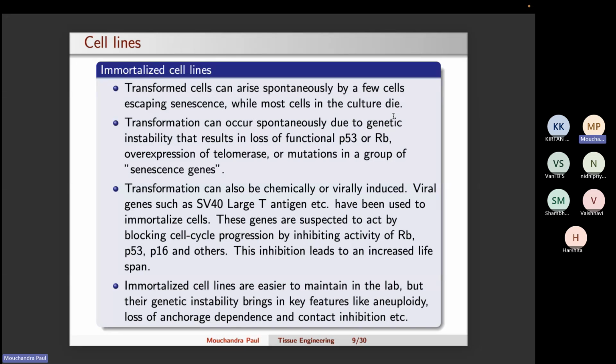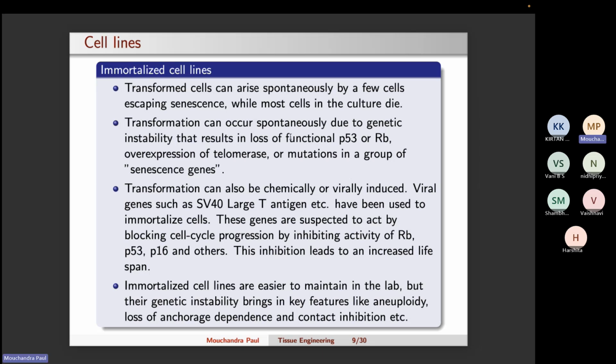That will happen naturally. But if you want all million cells to go through transformation, so that you can establish a flourishing immortalized cell line, then you can do it by introducing some chemical or some virus.